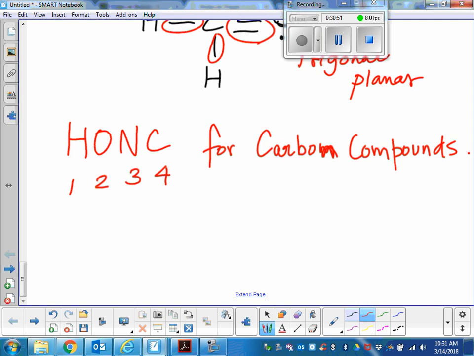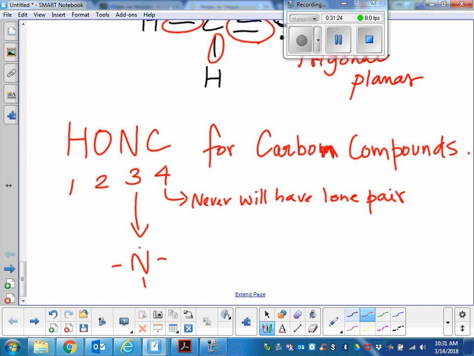Now please remember, since carbon forms 4 bonds, you will never have lone pairs, because all of them will be bond pairs. Does that make sense? You can never form a structure with a lone pair on carbon. Nitrogen only forms 3 bonds. Is that right? So how do you count for nitrogen's bonds? There are 3 bonds, but then it should always have 1 lone pair on it.